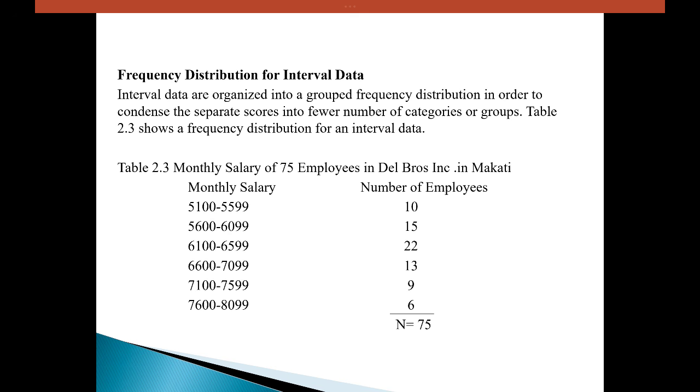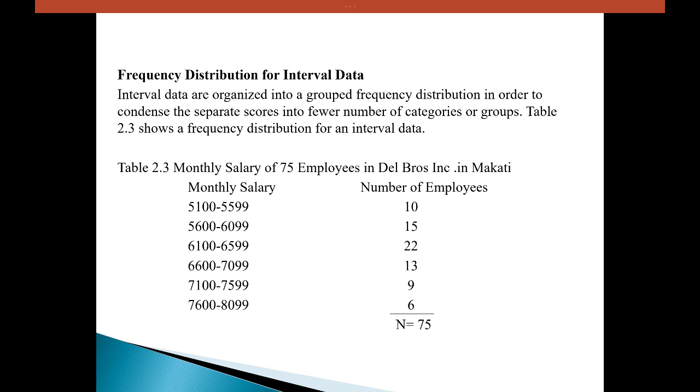How many employees are there? 10. So that is your frequency, 10. You put the frequency according to how many observations are in that class interval. How many employees have salaries of 5,100 to 5,599? 10. So you put 10 there.